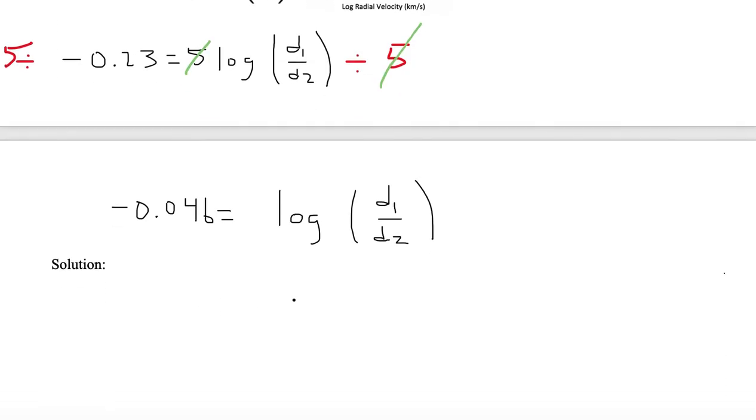So now we want to solve for D1 over D2. To do that, we need to take the inverse log of the minus 0.046. We have log of D1 over D2, so we need to take the inverse log of both sides. So we want to take the inverse log.